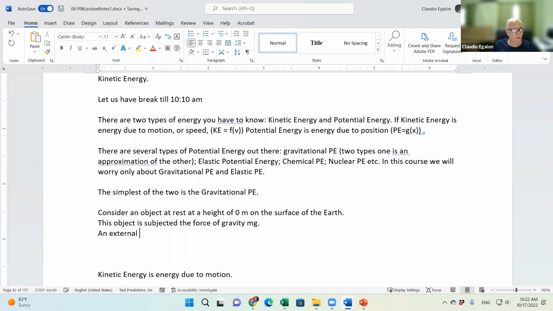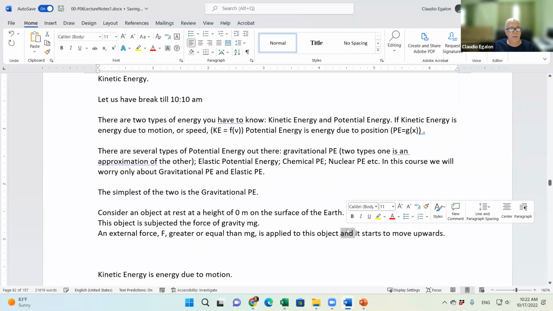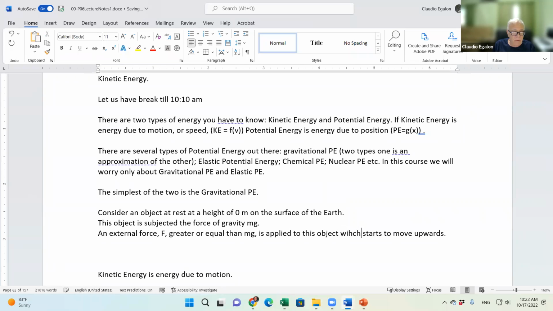An external force greater or equal than mg is applied to this object, and it starts to move upwards.